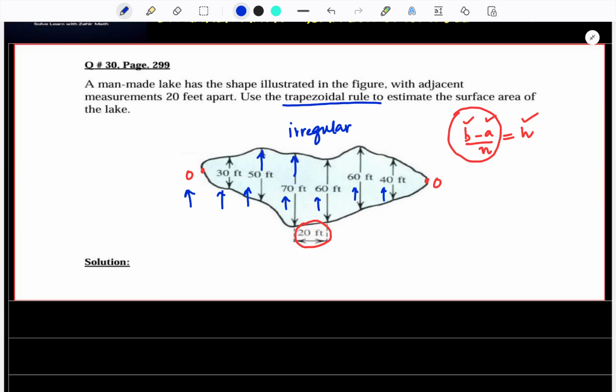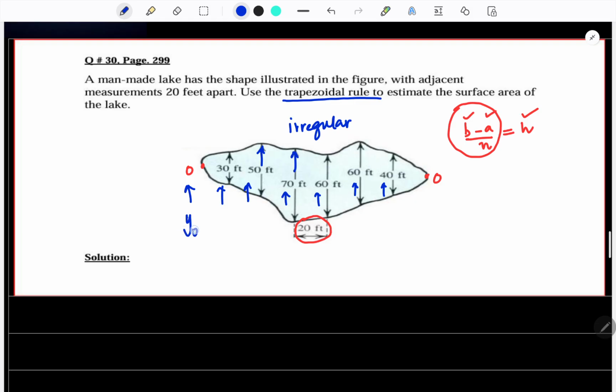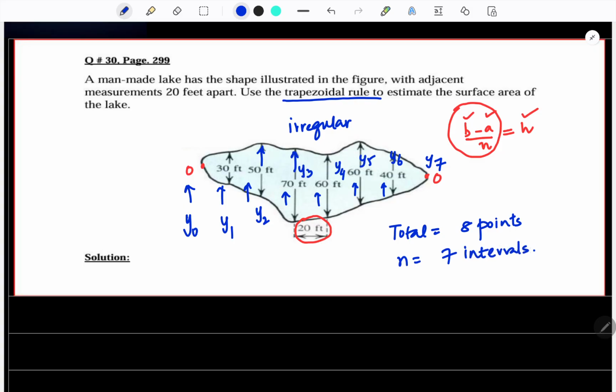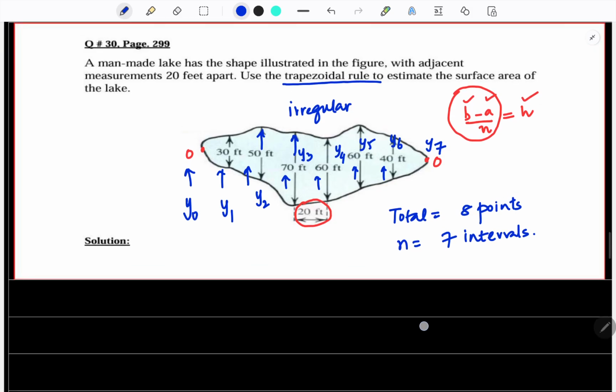So this is your y0, and this is y1, y2, y3, y4, y5, y6 and y7. Total how many points? 8 points. That means n is equal to 7, which is the number of intervals.